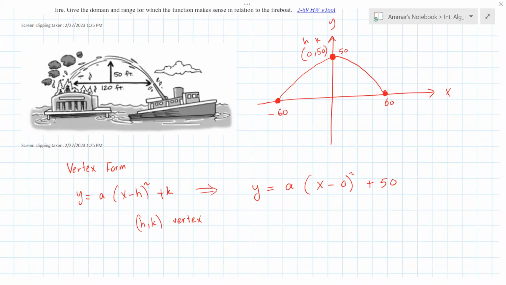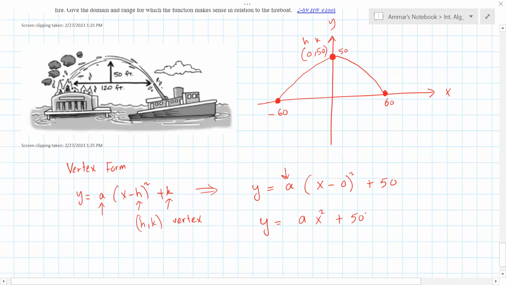What is missing in this form is the value of a. This number is missing because we started with the vertex form. At the beginning, we need to determine a, h, and k. We determined h and k. This is nothing but the vertex, but now what is left is just a. So let me simplify this. X minus 0 is just x, so we have y is equal to a x squared plus 50.